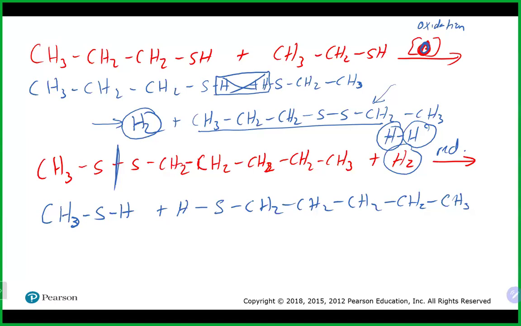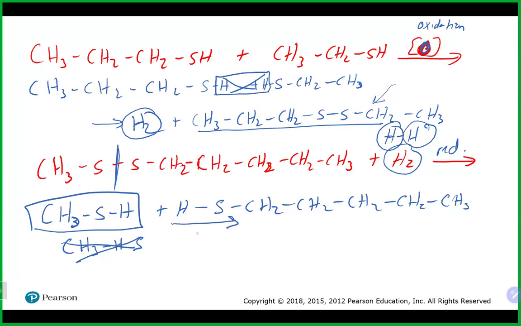So I'm going to say yes and no. I may not understand exactly what you said, but if you wrote the answer like this, then that would be incorrect. So you should have it written like this to imply that the hydrogen is attached to the sulfur and not attached that way. So I would say no to that, if that's your question. If your other question was, do you have to write this one in this direction?